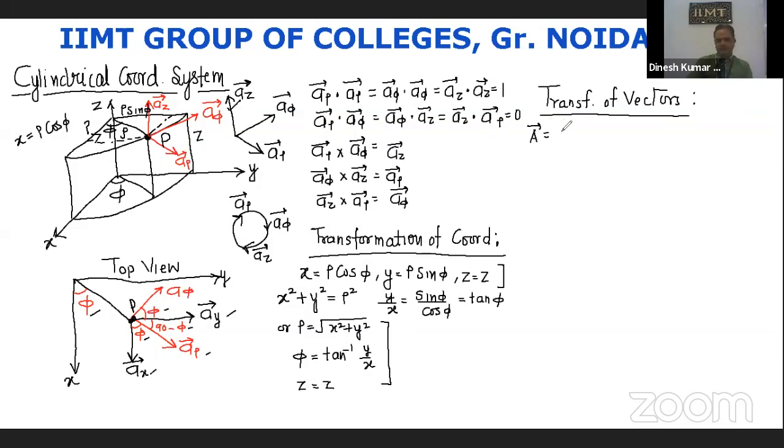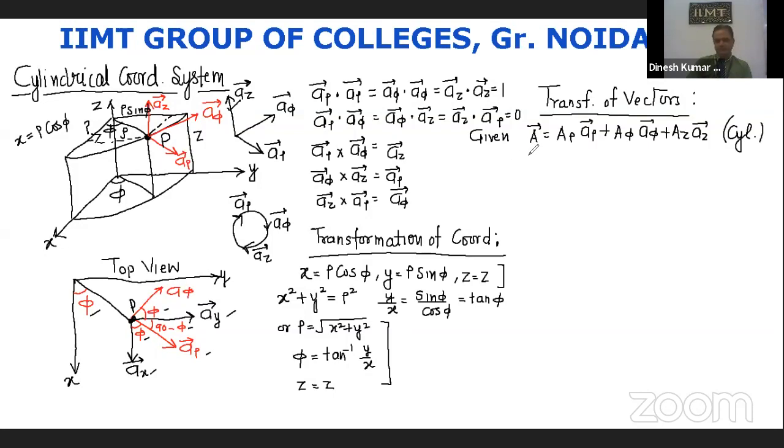Let a vector A be there. In the cylindrical coordinate system, we will write it as A rho, A phi, and Az. This vector is in the cylindrical coordinate system. It is given to us, and we are asked to represent this vector in the rectangular coordinate system.